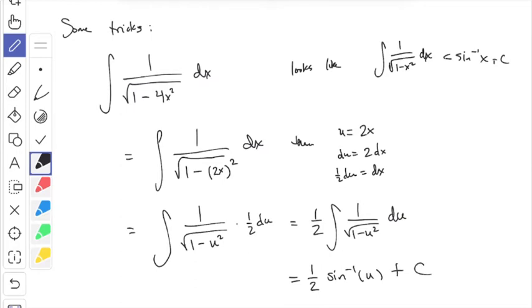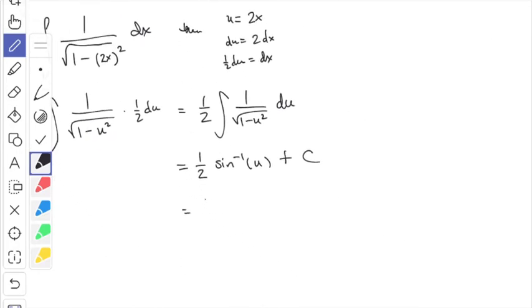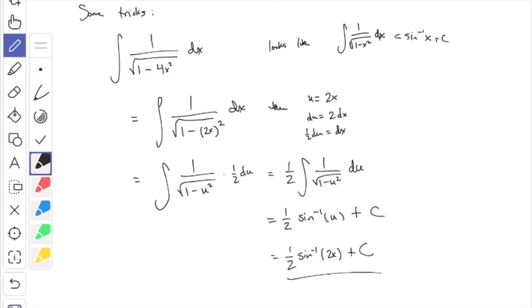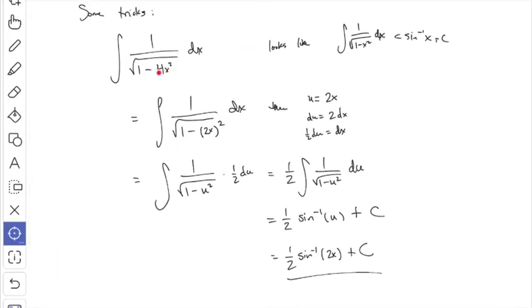And so my final answer is 1/2 inverse sine of 2x plus c. There you go. So the trick in that case, if you have a coefficient in front of the x squared, you rewrite it and shove the coefficient inside of the square so that you can then do the u substitution.